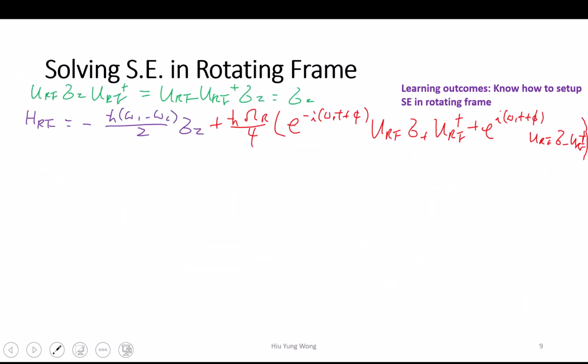Okay? Any questions? I know this is ugly, and because of time, I decided to skip the detailed math, but you can prove that yourself. It's not easy, not difficult.